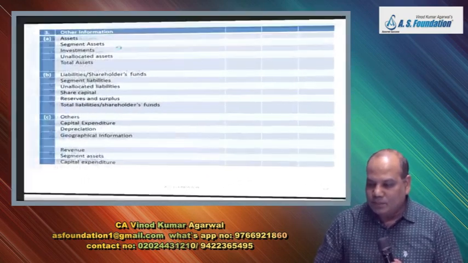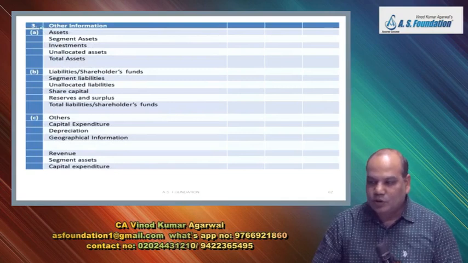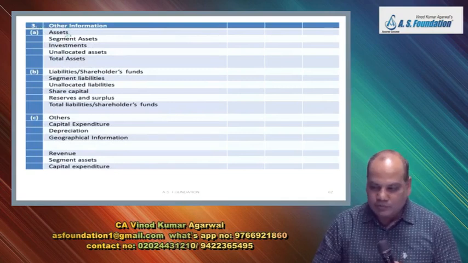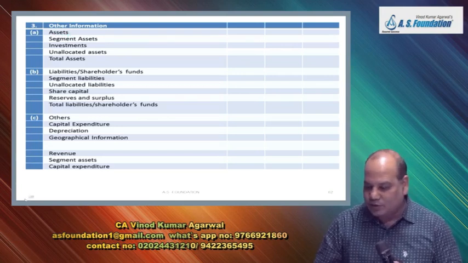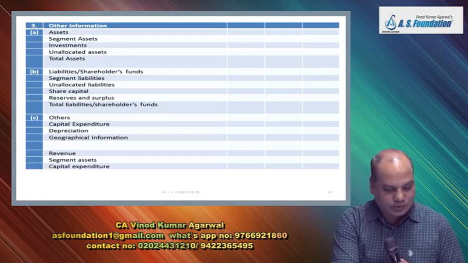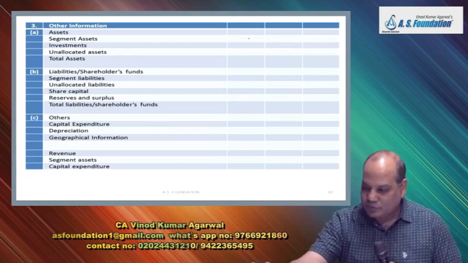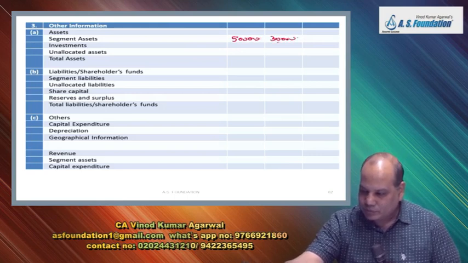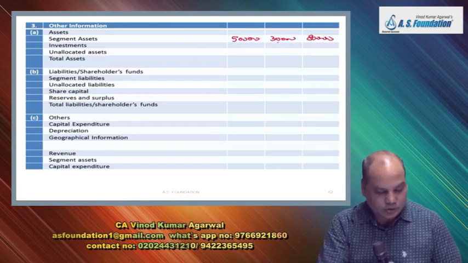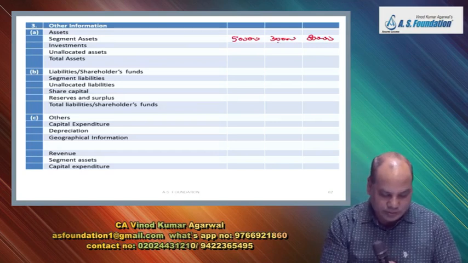Now what is the next disclosure requirement? Segment assets. So point number 3, other information. Under other information, segment asset. Have they given you segment asset separately? Yes: 50,000, 30,000, 80,000. Then investment.